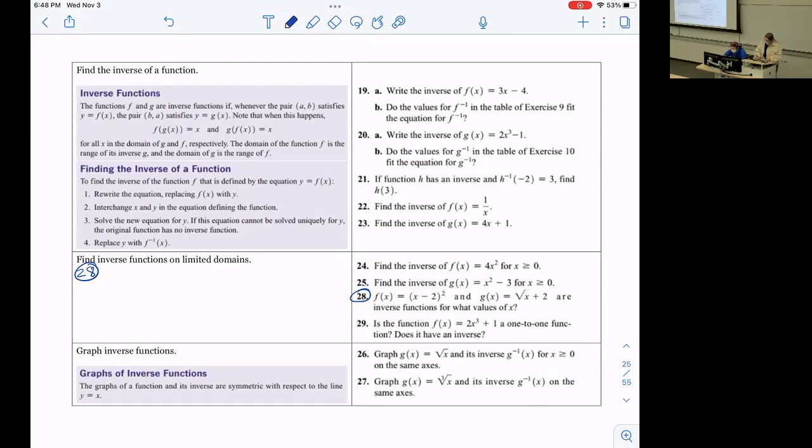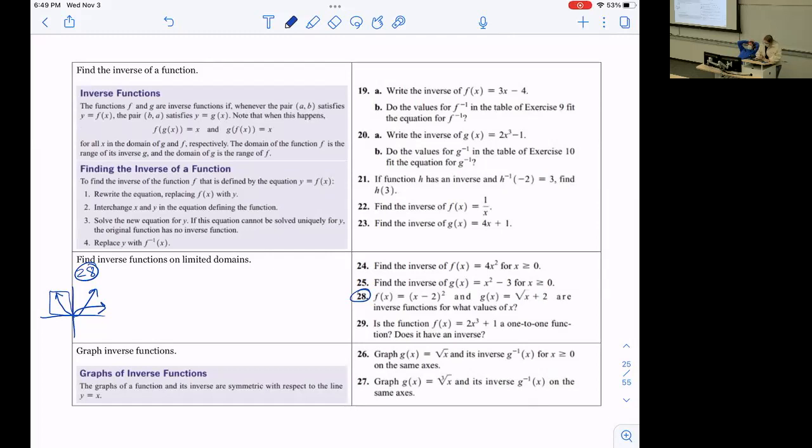Okay. So when we are given a quadratic function, it will look something like this. And since it is not one-to-one, we know that there's only going to be an inverse on a limited domain. Usually we will take this section and we will only take the positive function of the square root of x.